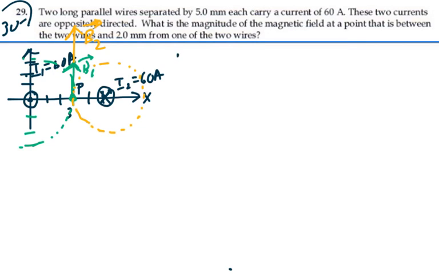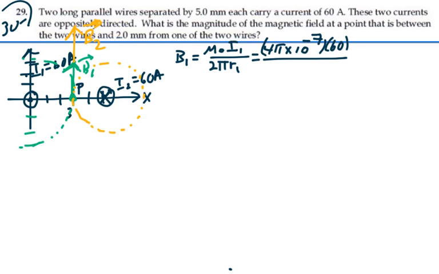If we look at B1, for an infinitely long wire, that's going to be mu naught I1 over 2 pi R1. Mu naught is 4 pi times 10 to the minus 7, I1 is 60 amps, and this would be over 2 pi. We are 3 millimeters away, 3 times 10 to the minus 3.